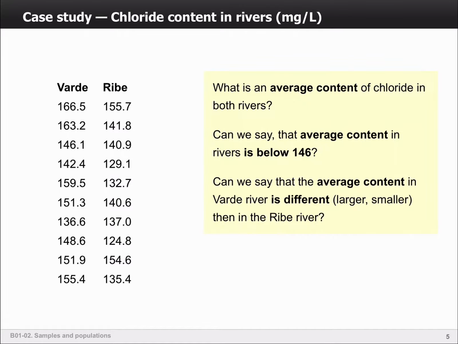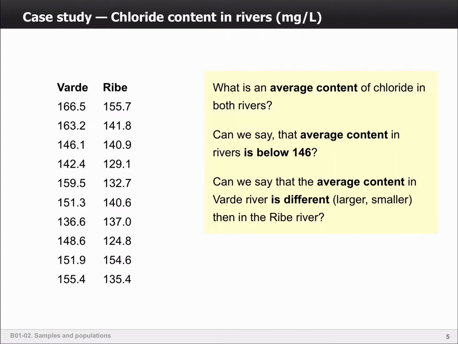Here are the questions we are going to answer in this learning sequence. We need to find out how to estimate average chloride content in the whole river based on these 10 glasses of water. We would like to learn how to compare the average values with a certain value that we pretend to know. For example, how likely is it that average chloride content in the river does not exceed a certain value, in this case 146 milligrams per liter.